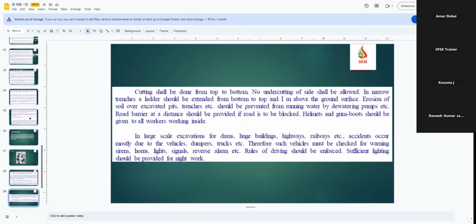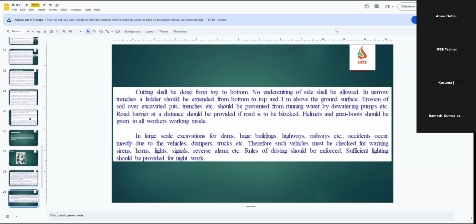Sometimes we do heavy excavation, 3-4 meter excavations. In such depth, it will be risky for the people who work nearby. So it is always necessary to have a hard barricade along with indicator lighting, flash lighting, so that people will understand there is a hazard present.